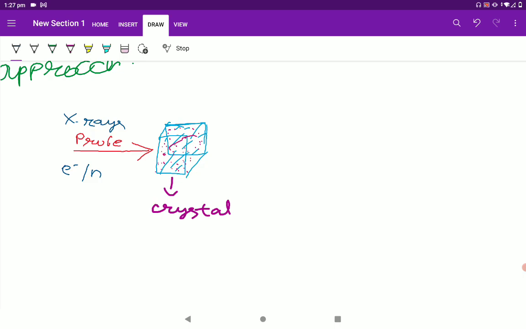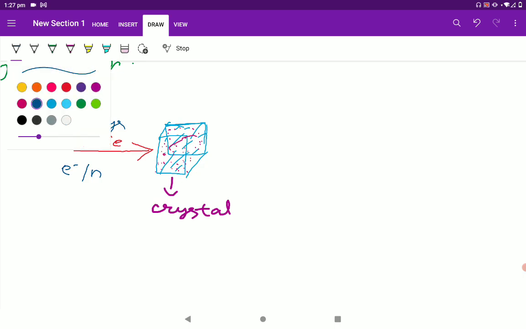We need beams all going in the same direction, and we need a collimated beam, that is, a very narrow or focused beam of small diameter, which interacts with the crystal, and then the particle will be diffused in many directions in this fashion.